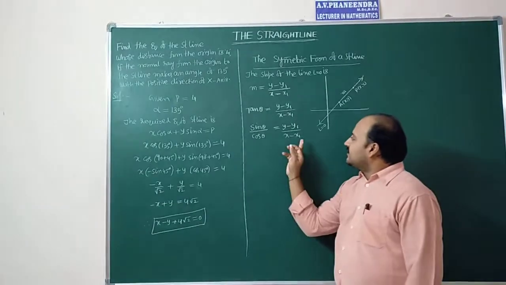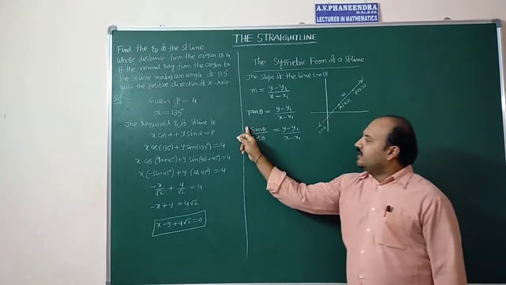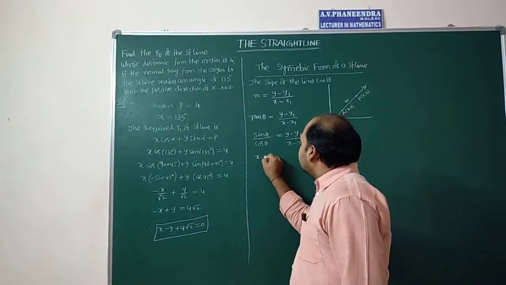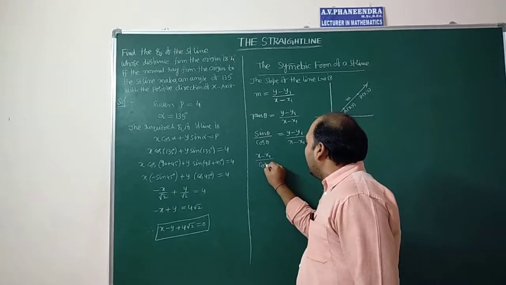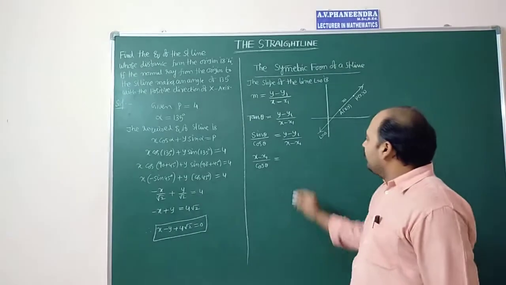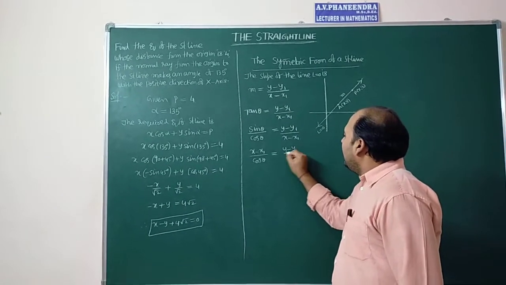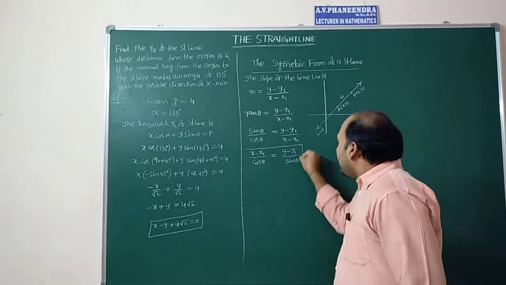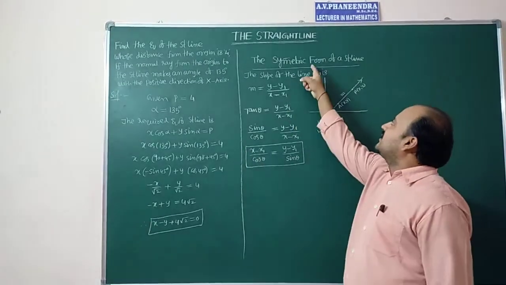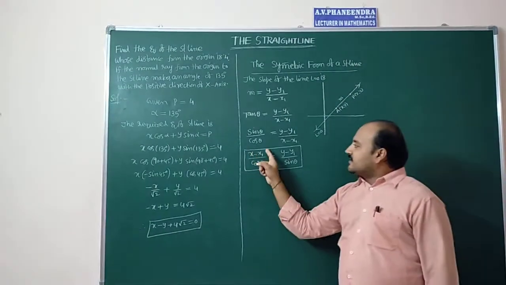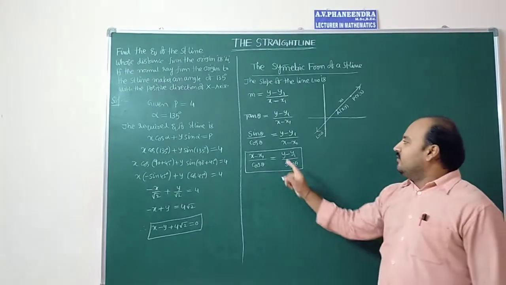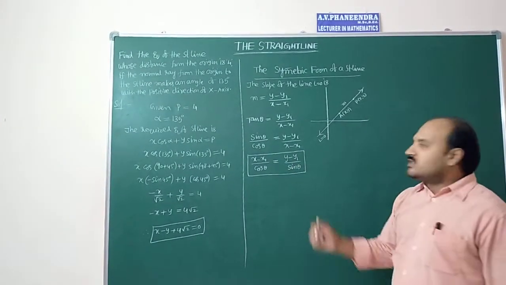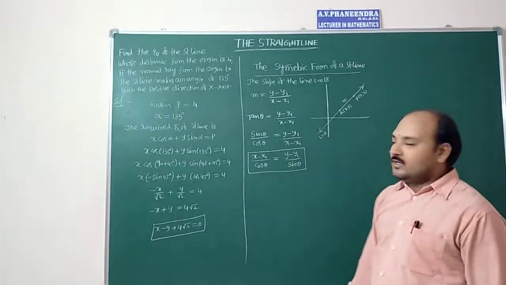Now what I am doing is taking x minus x1 to this side and sin theta to this side. So it becomes x minus x1 divided by cos theta is equal to y minus y1 by sin theta. This form is called the symmetric form of the straight line. x minus x1 by cos theta equal to y minus y1 by sin theta is called the symmetric form of the straight line.